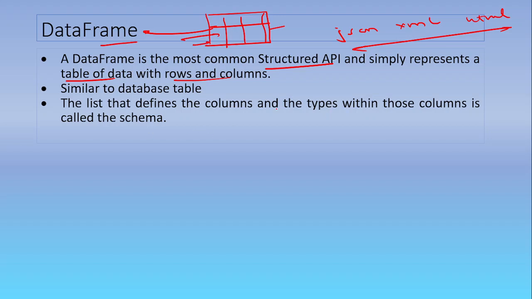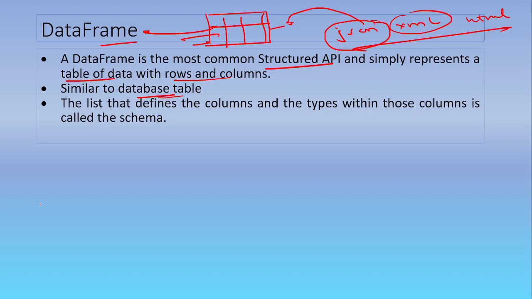If I have a table, then I would not come to big data. I can do anything if I have a table. No, you are going to convert all this raw data into a data frame. Once you convert that, the data frame looks like a table. It looks similar to your database table.